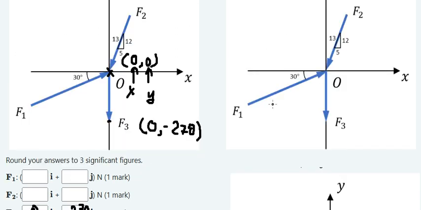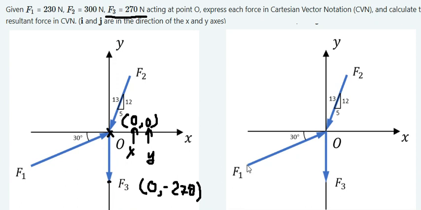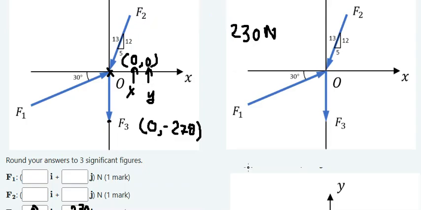Now we go to F1. So F1, we have 230 Newtons. So we know that they go from here to here. That means we need to find F1x, that means this one in here, and F1y, that is this one in here.